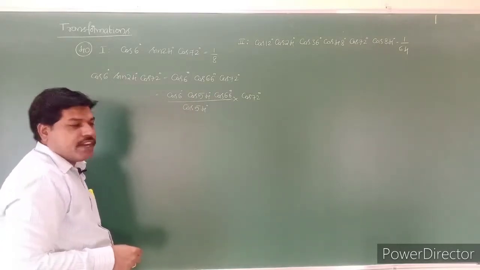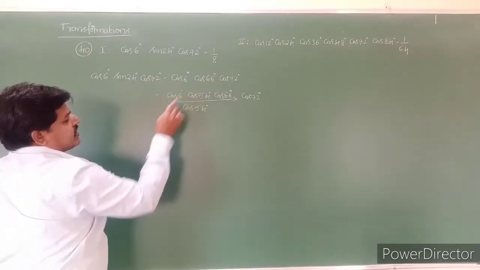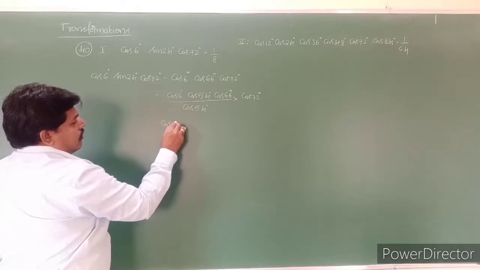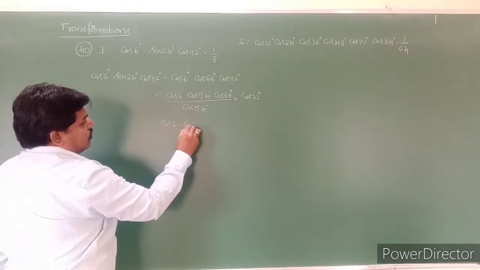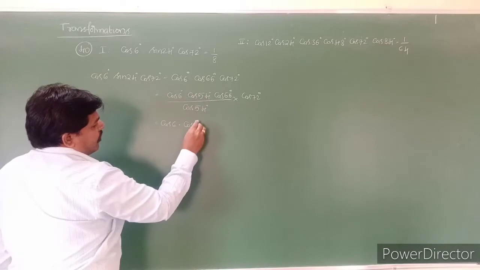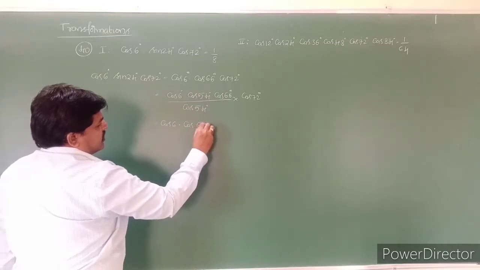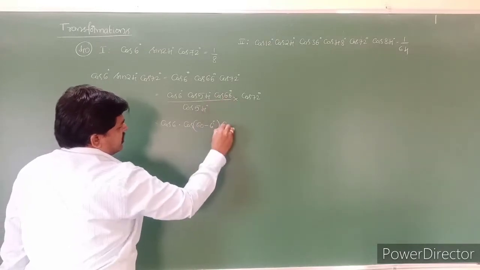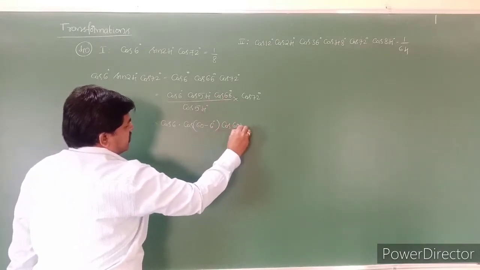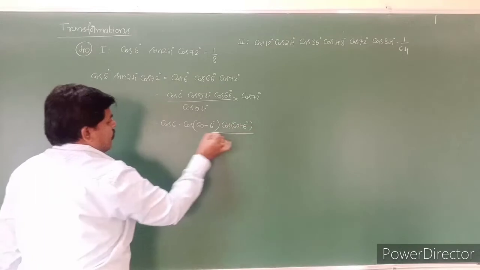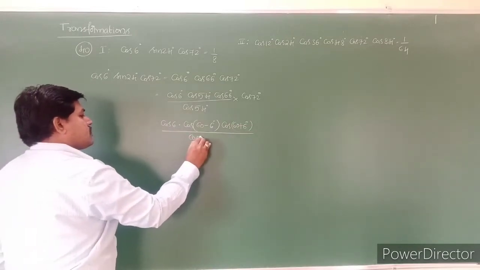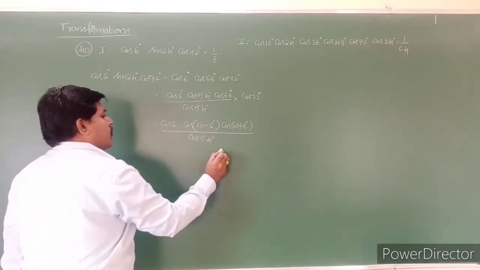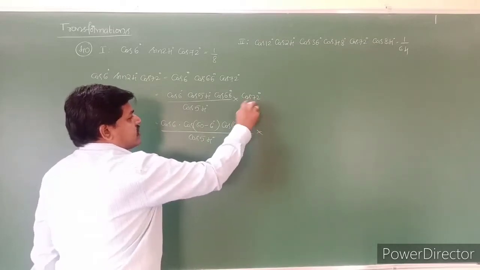Why did I multiply and divide? So here it is in the form of cos 6 into cos 54 degrees, 54 degrees is nothing but 60 minus 6 degrees, into cos 66, which is 60 plus 6 degrees, by cos 54 into cos 72.